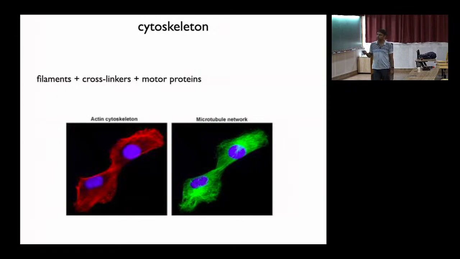For example, this is a picture of two cells. You can see the cell nuclei. This red shaded region shows the actin cytoskeleton, whereas this is the microtubule cytoskeleton. Mostly you see that the actin cytoskeleton density is higher near the cell periphery, near the cell membrane, which is not shown here.